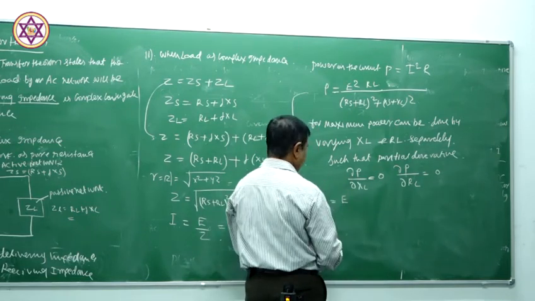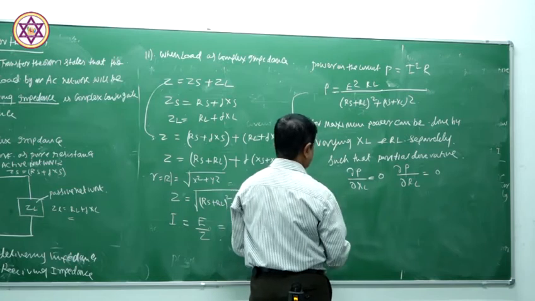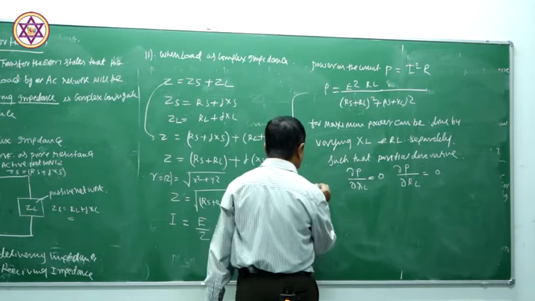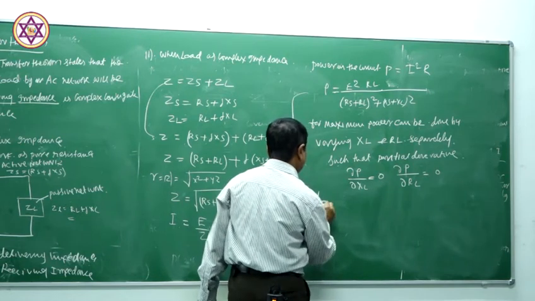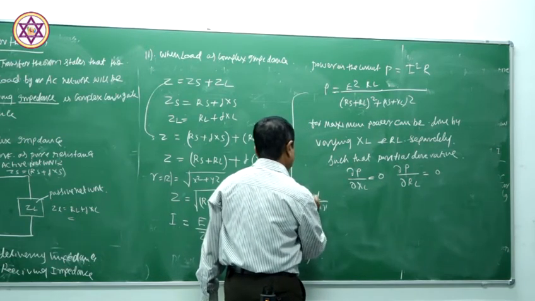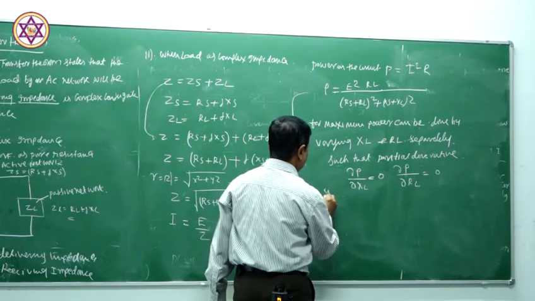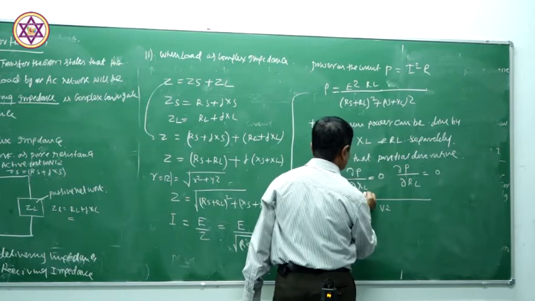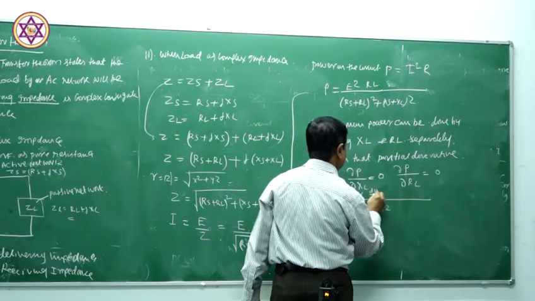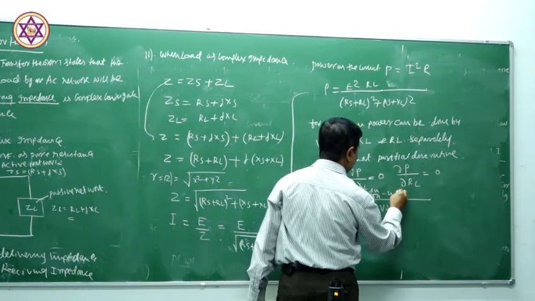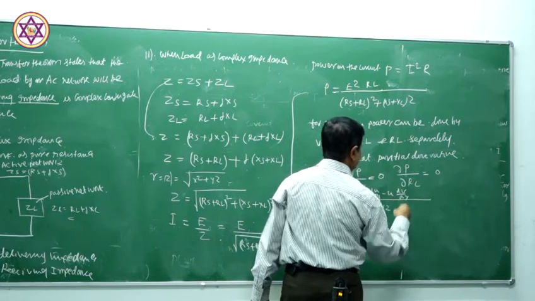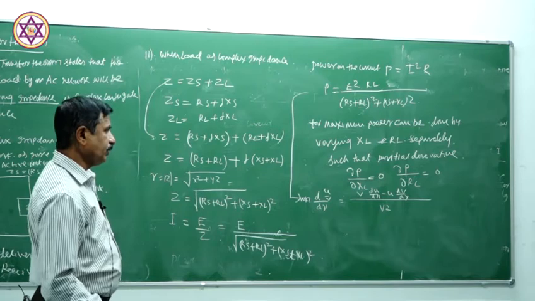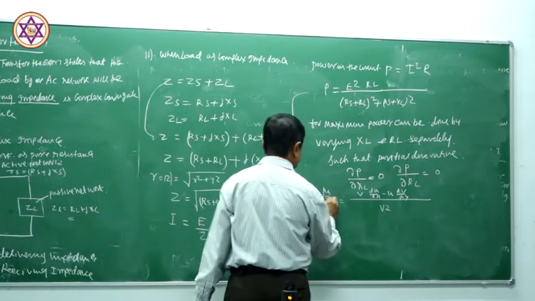I will adopt the UV method here. We know that d by dx of u by v is equal to (v du by dx minus u dv by dx) by v square. This is the method adopted here to differentiate this equation.